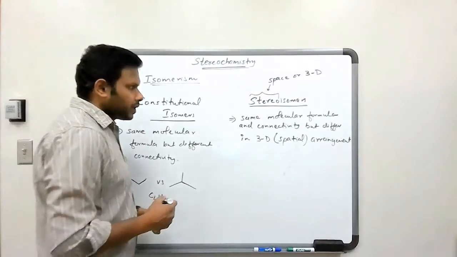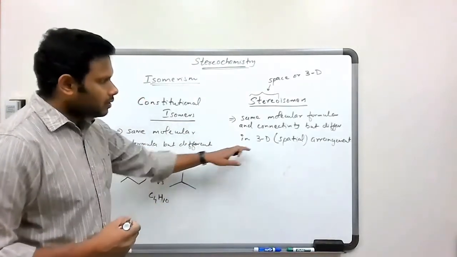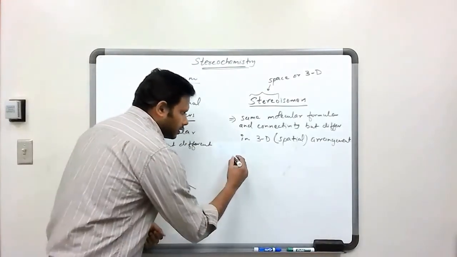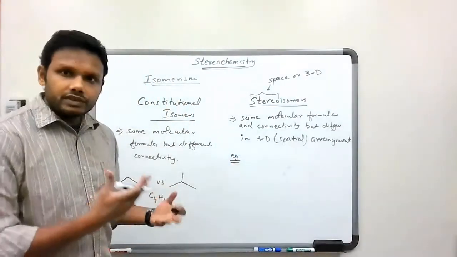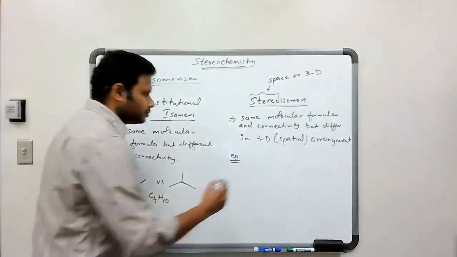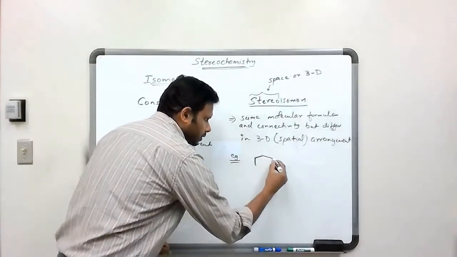Now, as an example of where we've already seen stereoisomers, consider cyclohexanes.